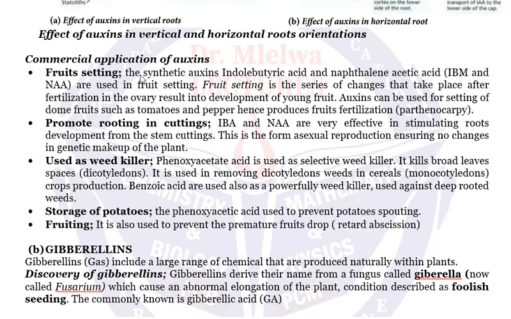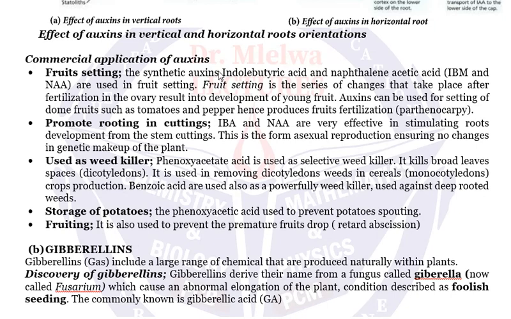So in the case of commercial application of Auxins, first we have fruit setting. That means the synthetic auxins are used industrially or in production, and they help different types of plants to develop their fruits well.